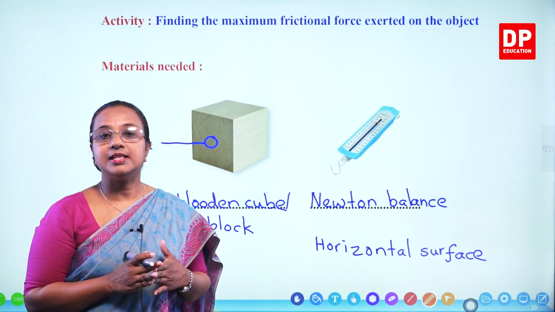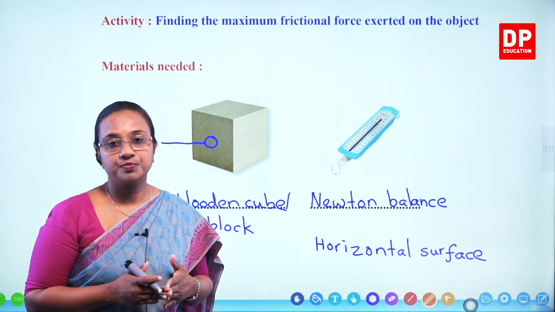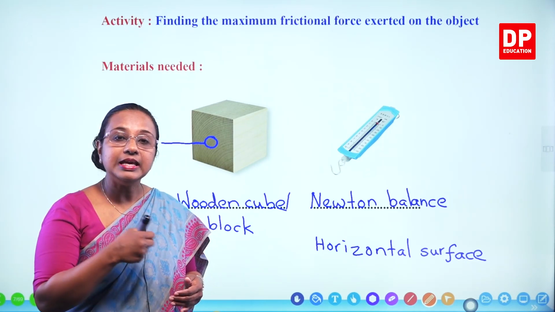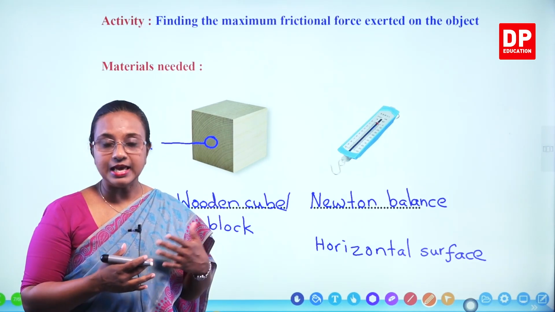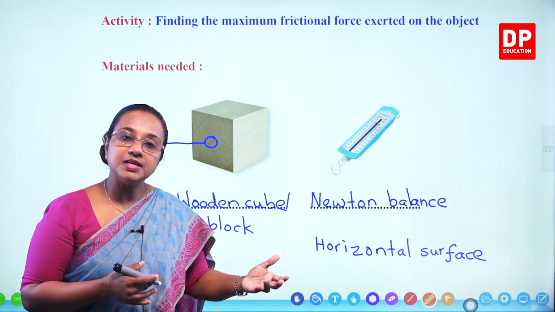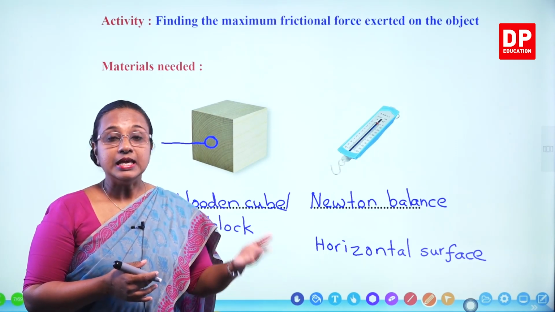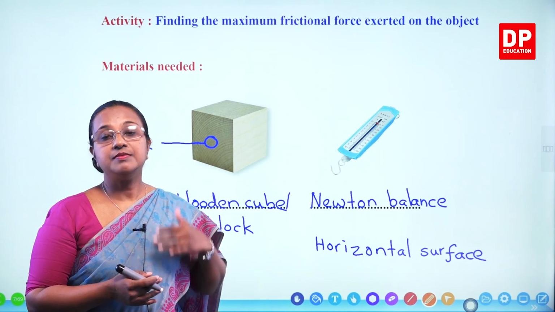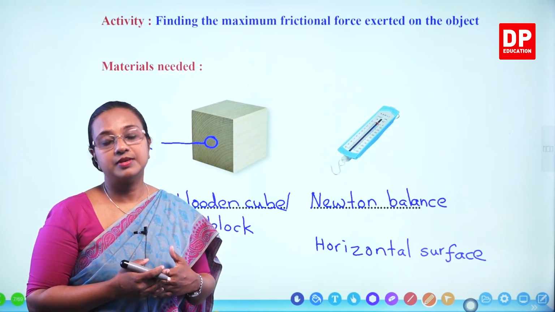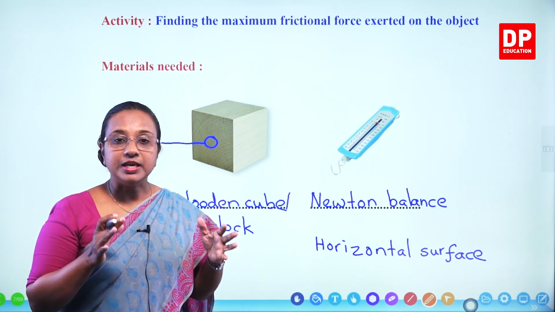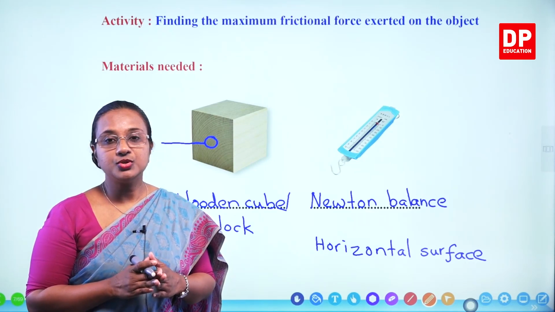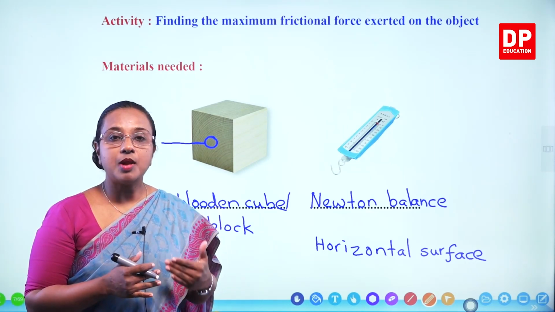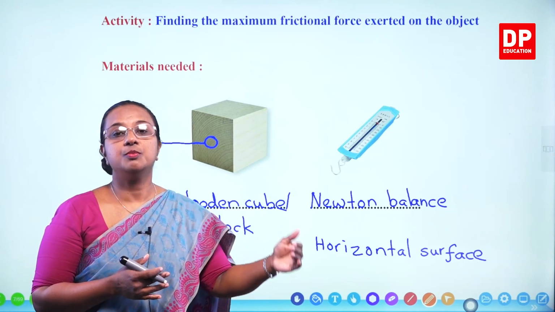You will see that the block will not move. Then we increase the force that we apply and observe what happens. If the block doesn't move, we increase the force further. So we keep on increasing the force until the block just starts to move.